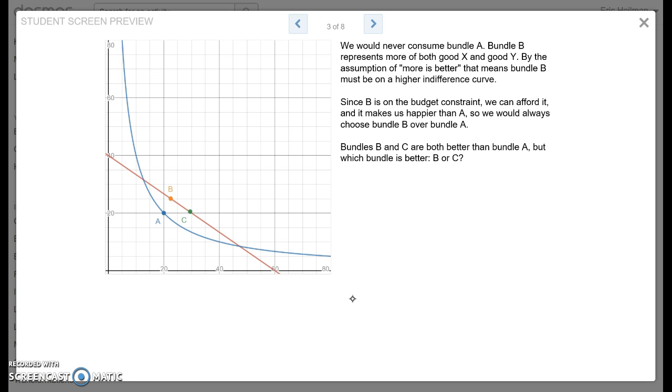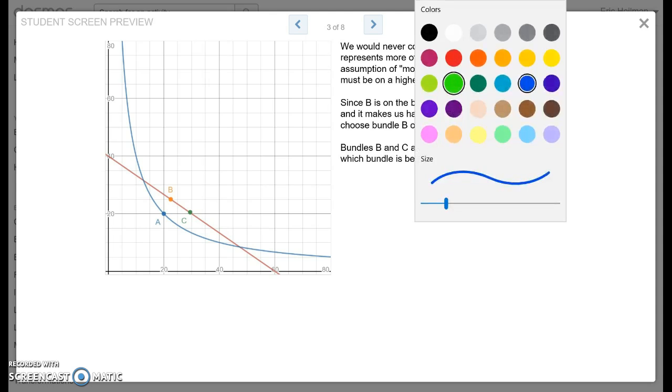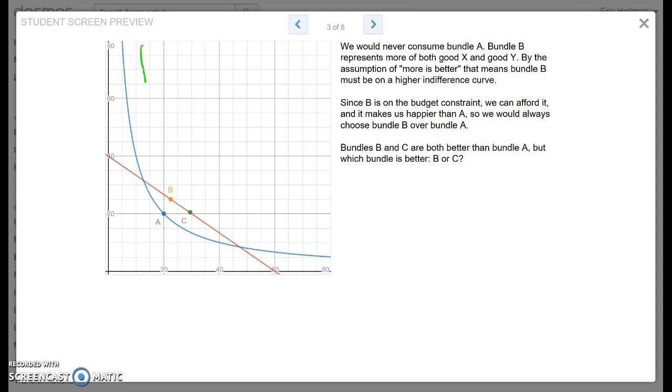So just as I was saying earlier, if we want to bring in preference, just to show why we wouldn't end up at point A, there are a lot of other indifference curves that are higher than the indifference curve going through point A that are still attainable to this person. So, for example, the indifference curve that goes through bundle B might look something like this.